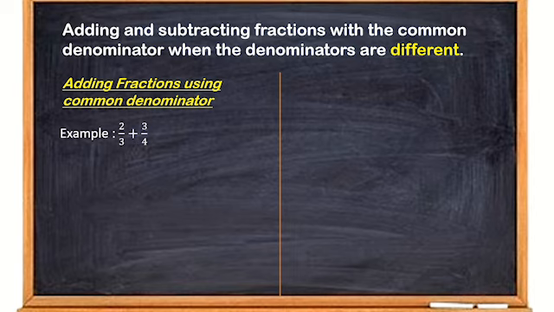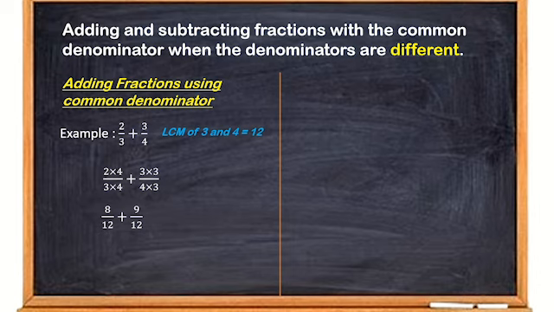So the LCM of 3 and 4 equals 12. So therefore, we have to make both the denominators 12 by multiplying with certain factors. 2 over 3 is being multiplied by 4 and 3 over 4 is being multiplied by 3. And the new fractions formed are 8 over 12 plus 9 over 12.